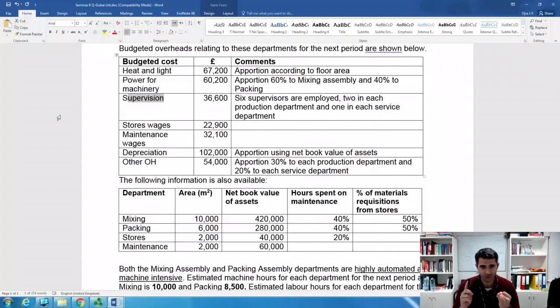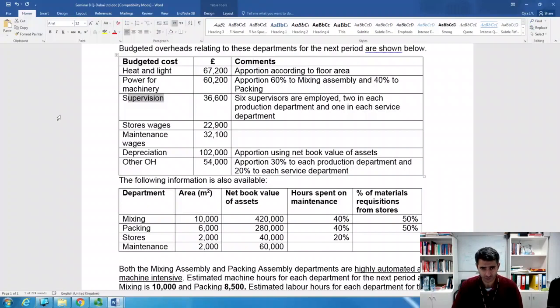So mixing 2 employees, packaging 2 employees, stores 1 employee, and maintenance 1 employee. Great. So 2, 4, 6, that's 6 supervisors in total.